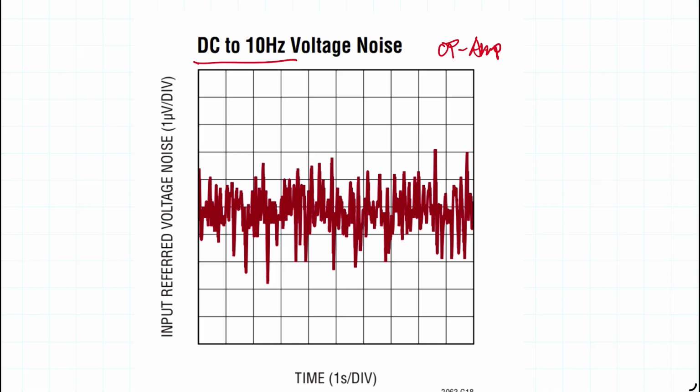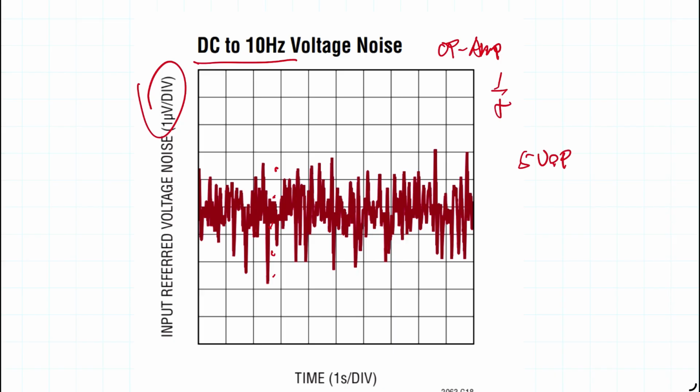It's low frequency noise, basically in the 1/f noise band. And this is the time domain. We can assume this noise random distribution kind of follows a Gaussian distribution, and we can use the same rules. Here we can see it's 1 volt per division, and the peak-to-peak value of this noise is roughly 1, 2, 3, 4, 5. So it's 5 volts peak-to-peak.